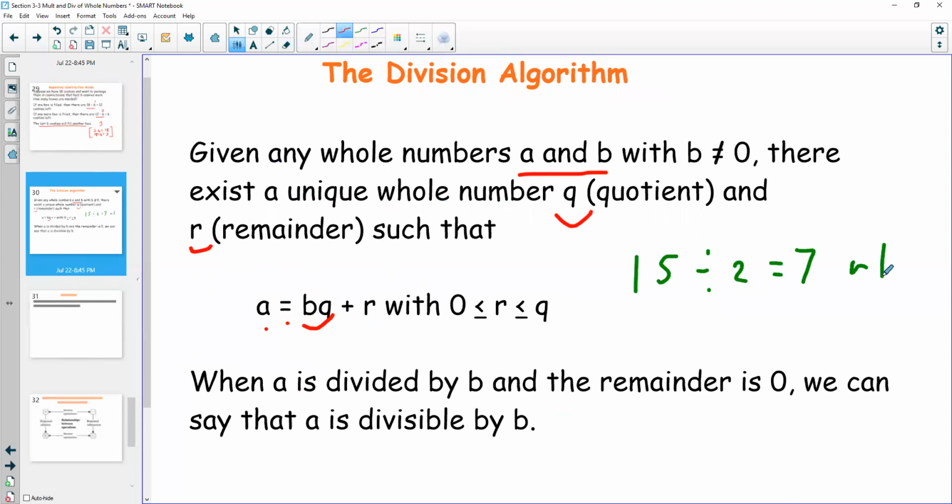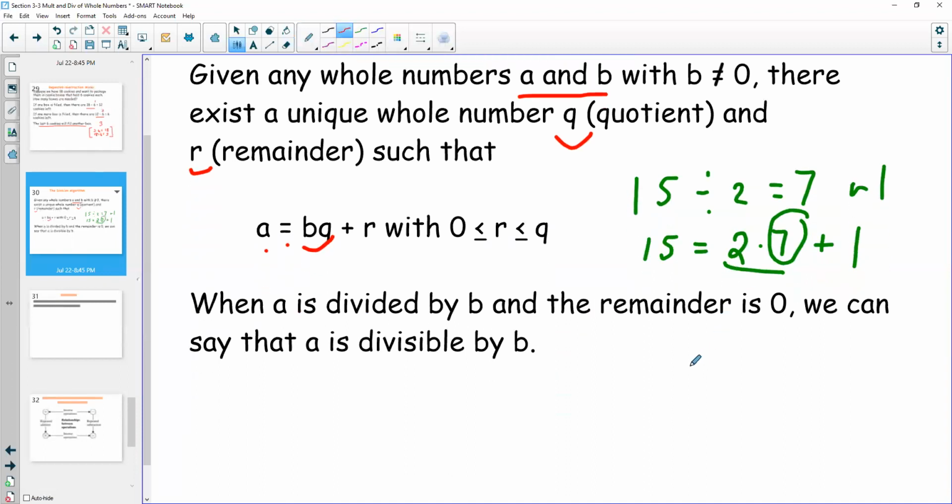So 15 divided by 2 is going to be 7 with 1 left over, right? 7 times 2. Okay, so here's our division problem. Basically what that says is 15 is equal to 2 times 7, right? Here's our product, and that was our quotient, Q, plus the remainder, 1. Do you see how that lines up?